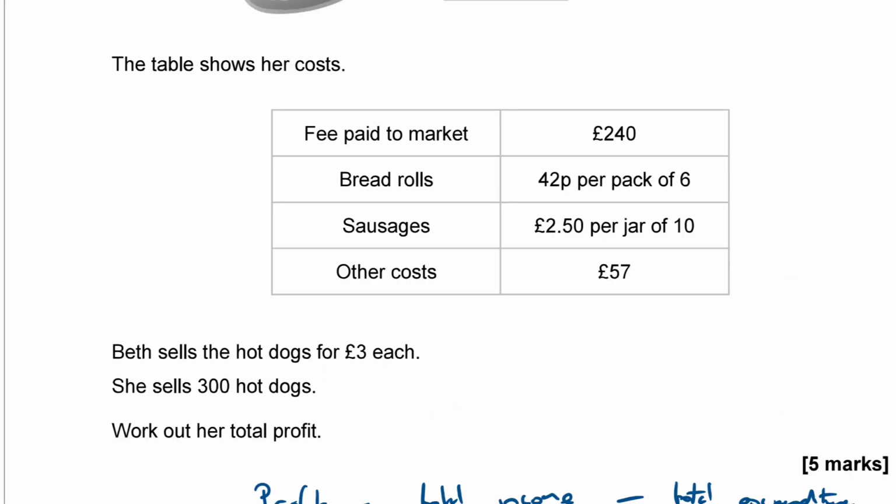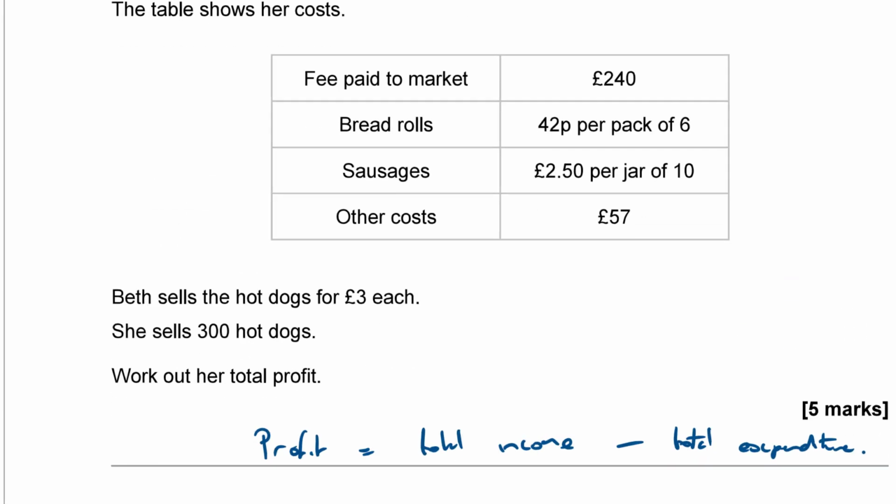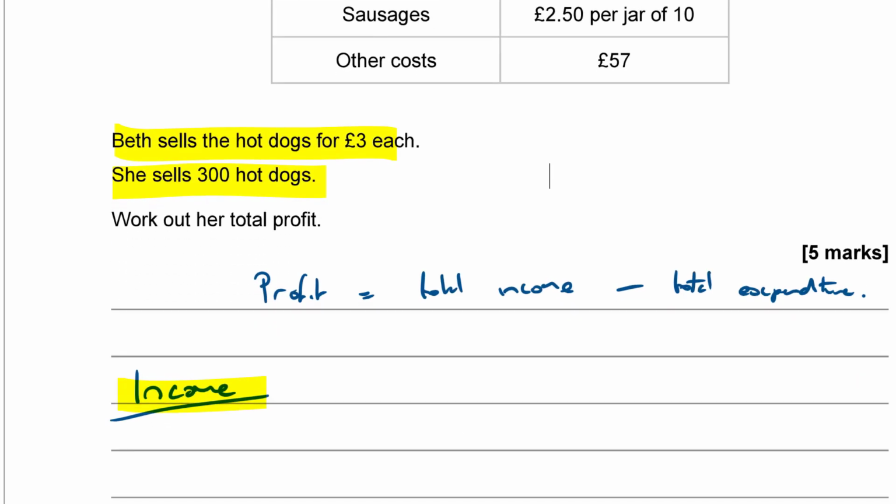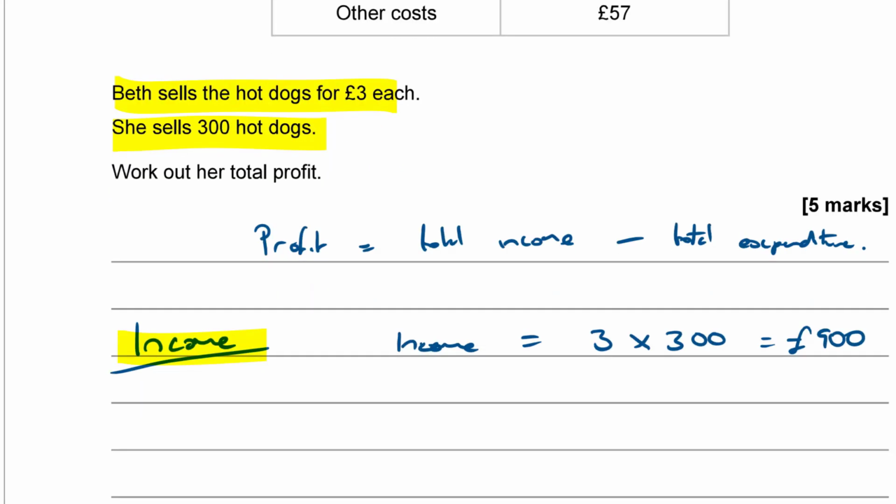So we know that from this part down here, don't we? Beth sells hot dogs for £3 each, and she sells 300 hot dogs. So that's quite simple. Income is going to be her £3 per hot dog times her 300 hot dogs. 3 times 300 is £900. So that was nice and easy.